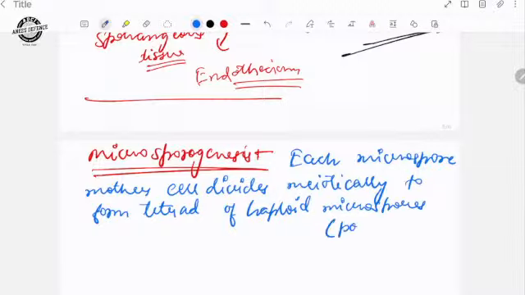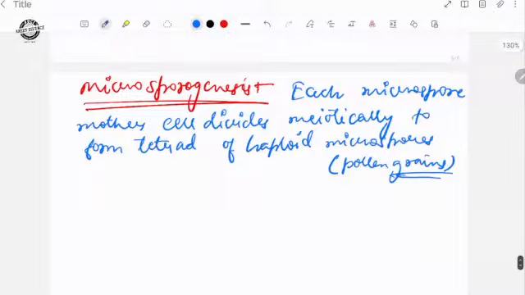This is only known as pollen grains. What does it mean? Meiotically, haploid tetrad, form a tetrad of haploid microspores.